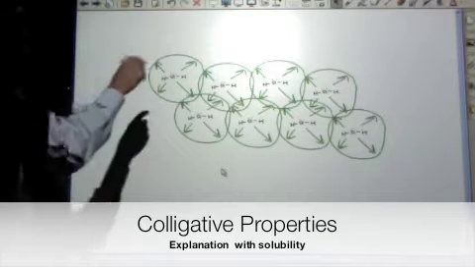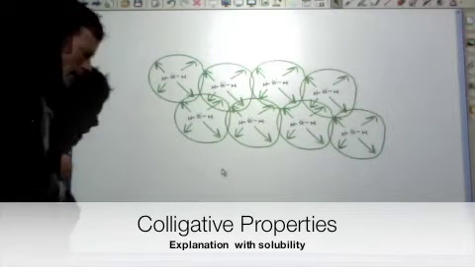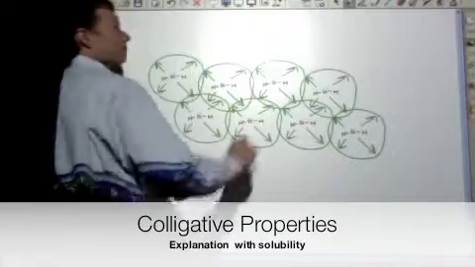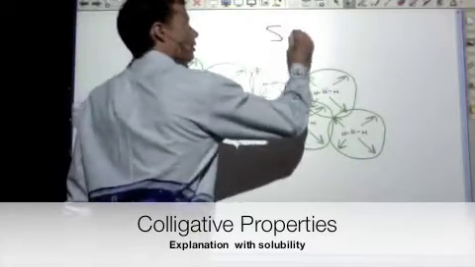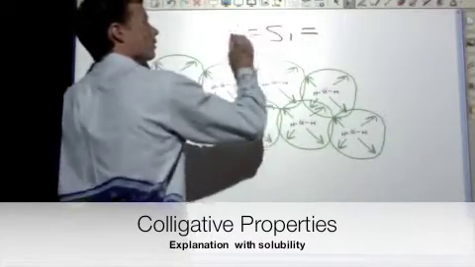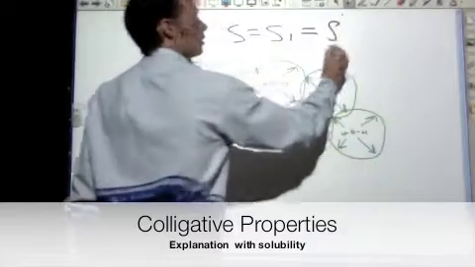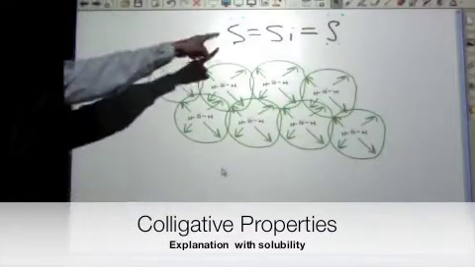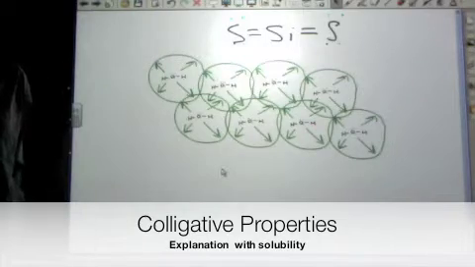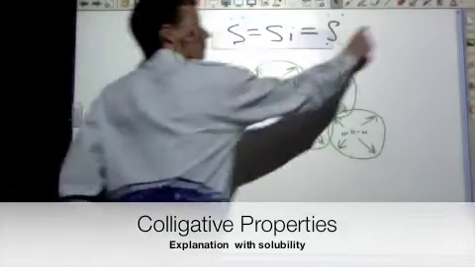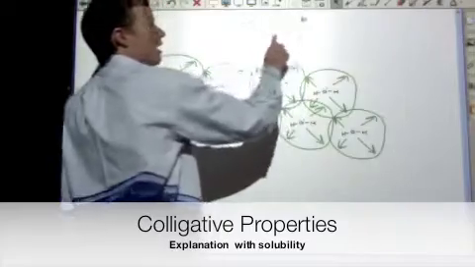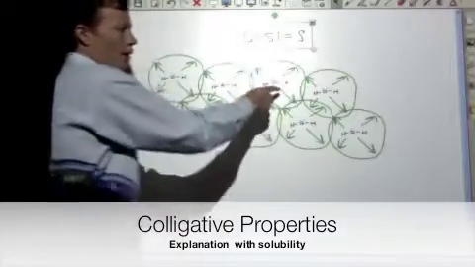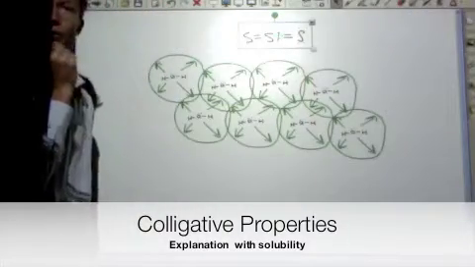Now, into this liquid, let's say I wanted to add silicon disulfide. That is linear. It's just like carbon dioxide. Since it's linear, it is not polar. Now, hydrogen bonds are dipoles.